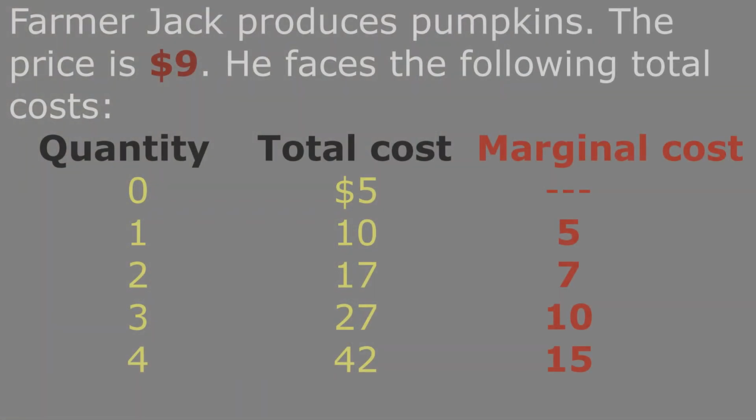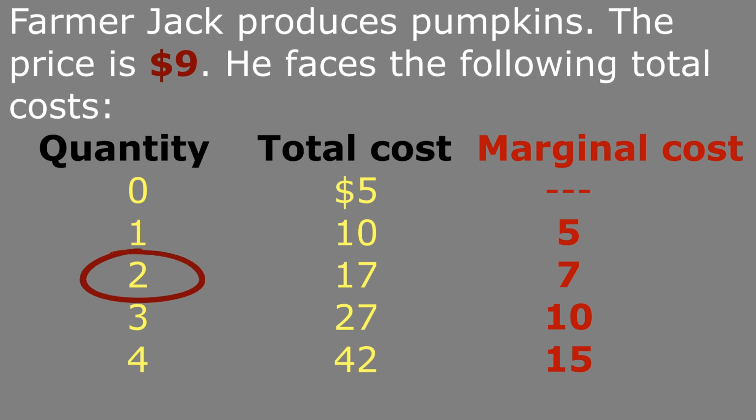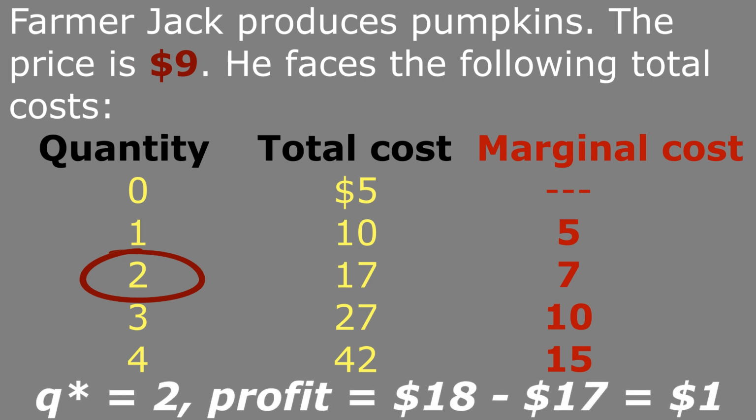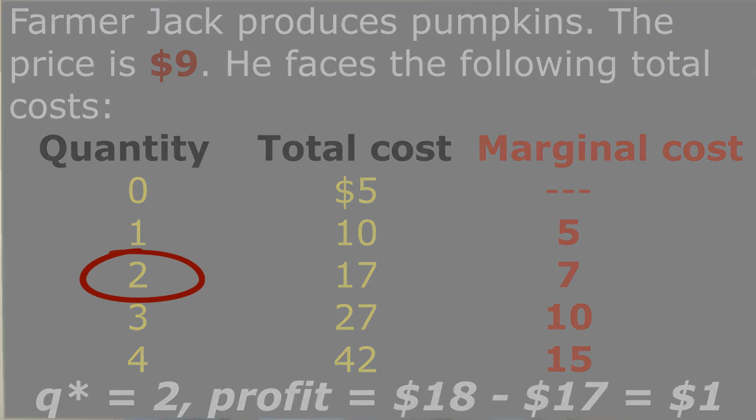What if the price equals 9 and there is no 9 in the column for marginal cost? In this case, choose the quantity of 2, because for the quantity of 2, price is greater than marginal cost. 9 is more than 7. And the profit will equal total revenue minus total cost, which equals $1.